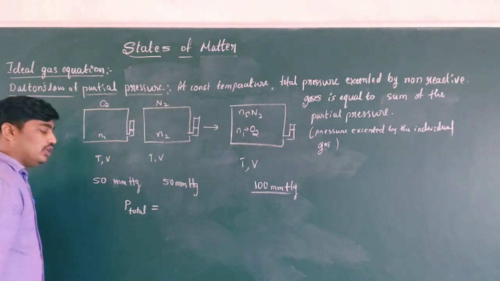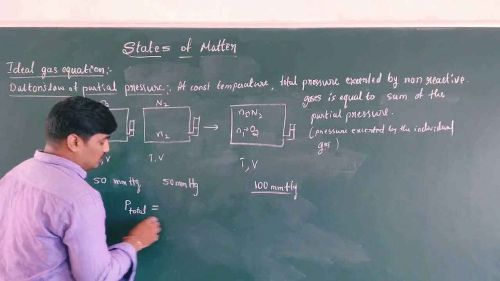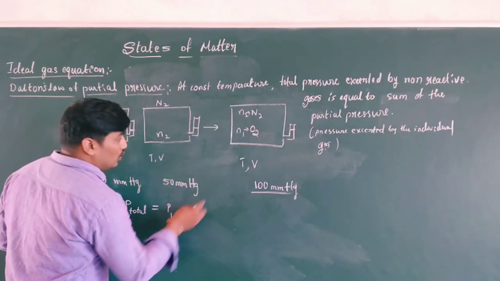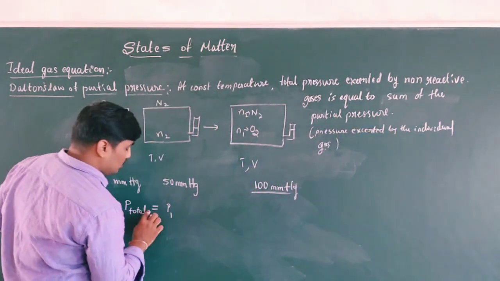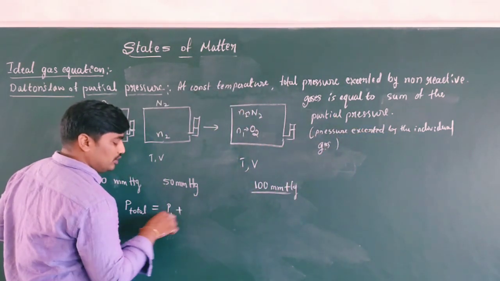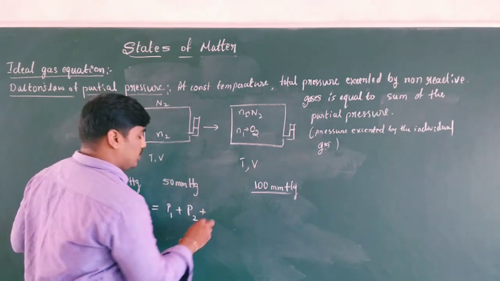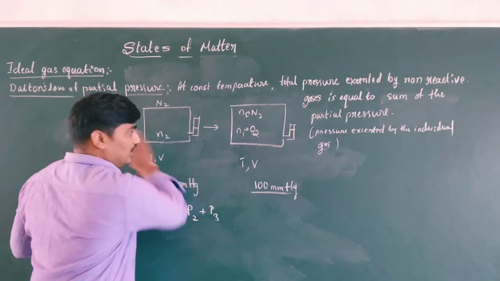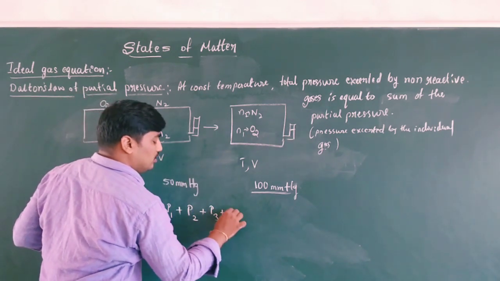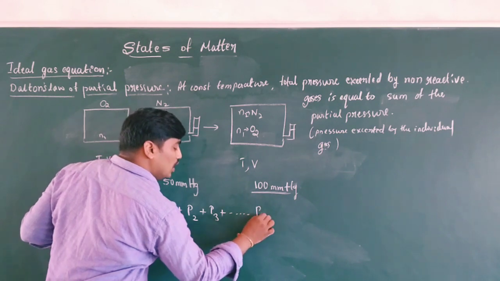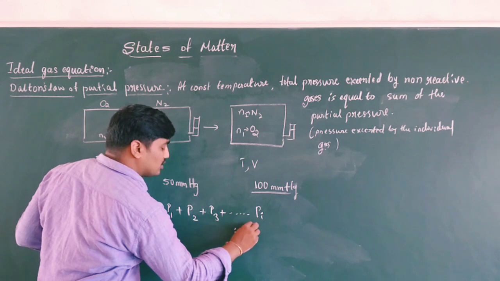What is the meaning of P total? Pressure of non-reactive gases. Total pressure is equal to the sum of the partial pressures, equal to the sum of the pressures exerted by the first gas, the second gas. Suppose it contains three gases, it becomes P1, P2, P3, and so on up to Pi. What is the meaning of i? i is the ith gas.